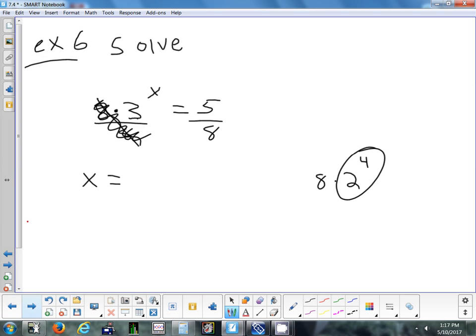We have to convert this to log form. So it would be base 3 and then 5/8. Anything else? Yeah. Log base 3 of 5/8.